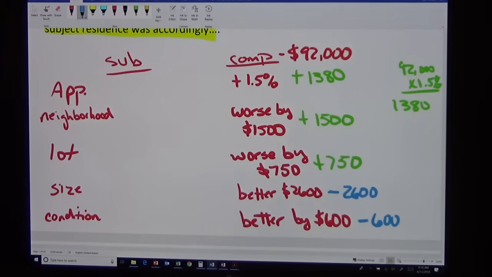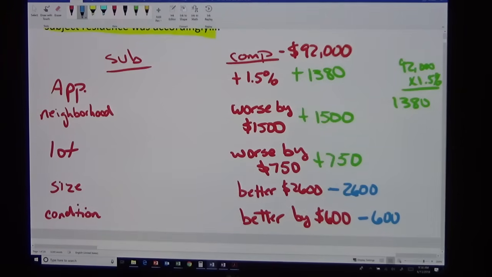And so now it's just a matter of totaling these up, of going through and adding and subtracting all of these adjustments.